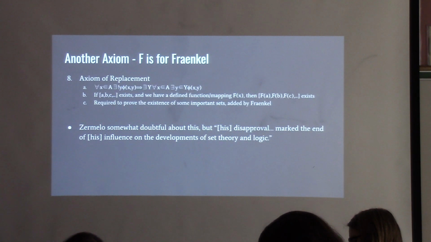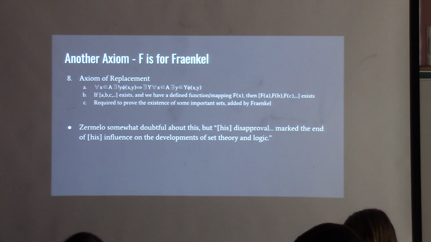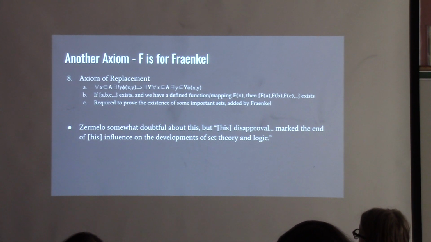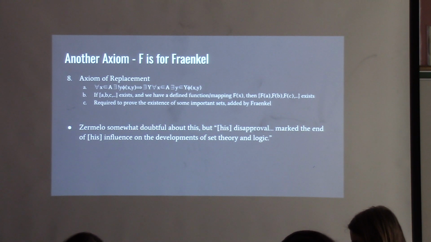It's later on when Fraenkel, I said this on Friday, Fraenkel rephrases all the axioms in first order logic, clarifies what a predicate is. He also finds that there are some things that you might want that you can't do in Zermelo's original axioms.